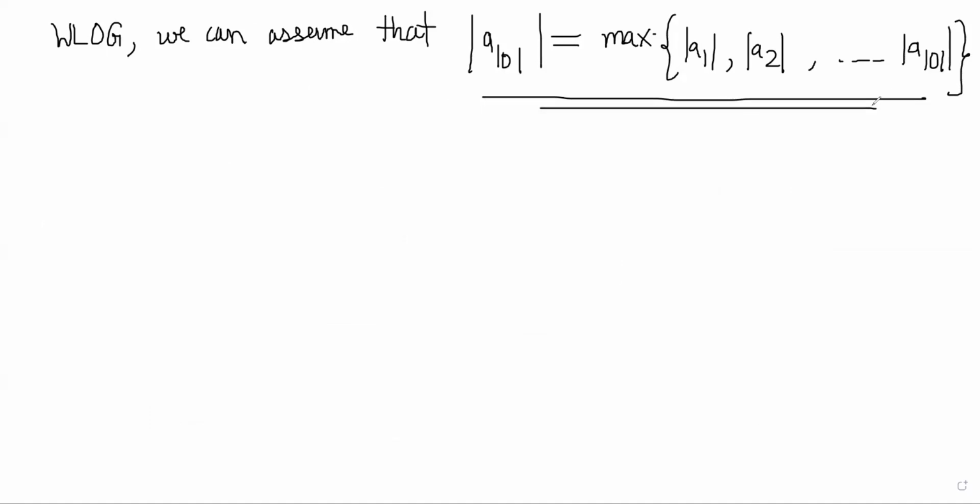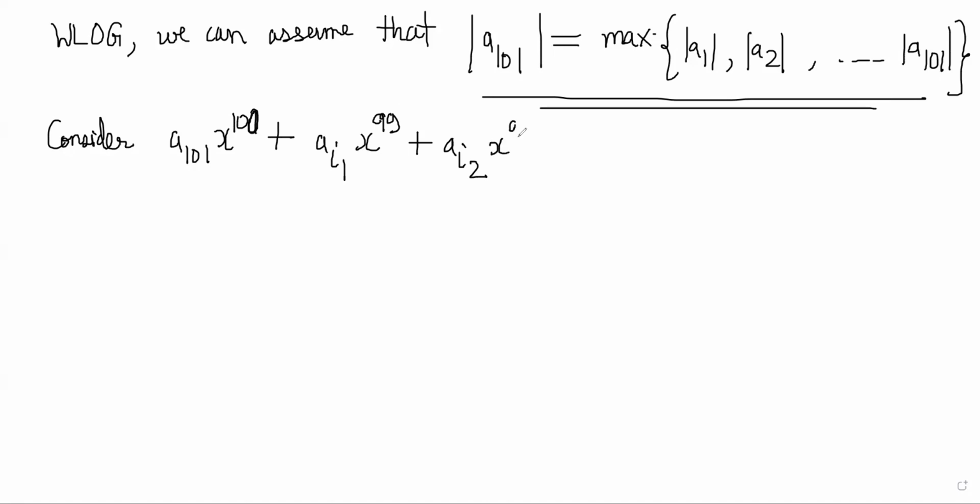So now we will consider a particular polynomial. Consider the polynomial a101 x power 100 plus ai1 x power 99 plus ai2 x power 98, and finally ai100.